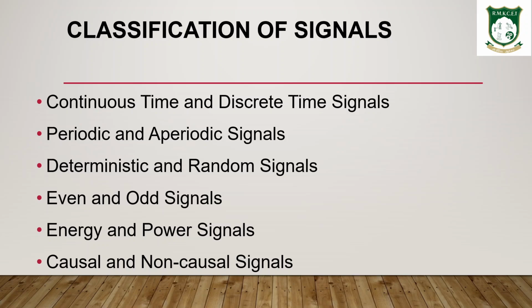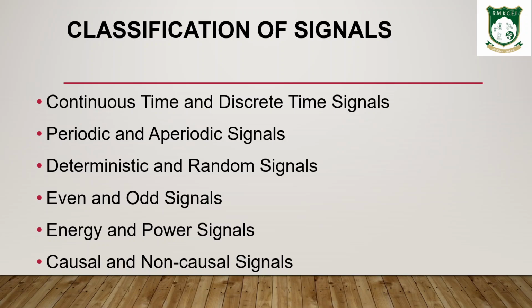Under the CT and DT signals, once again the signals are classified into the below classes: periodic and aperiodic signals, deterministic and random signals, even and odd signals, energy and power signals, causal and non-causal signals.